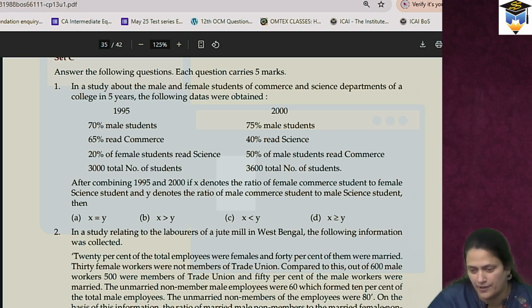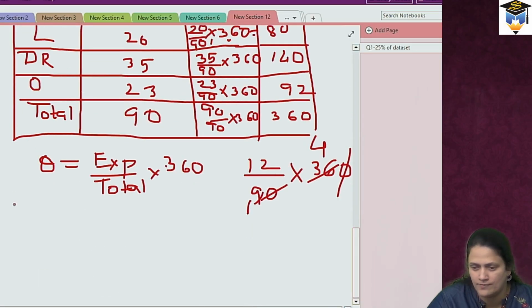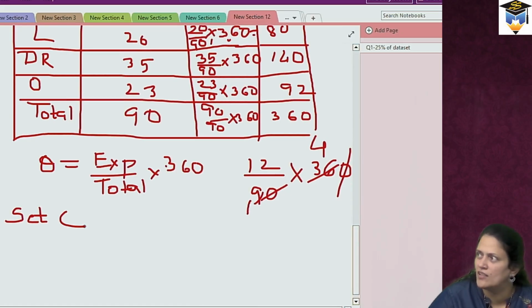First let us draw a table. Table is a must. From the given data you have to draw a table. Set C, the first question.